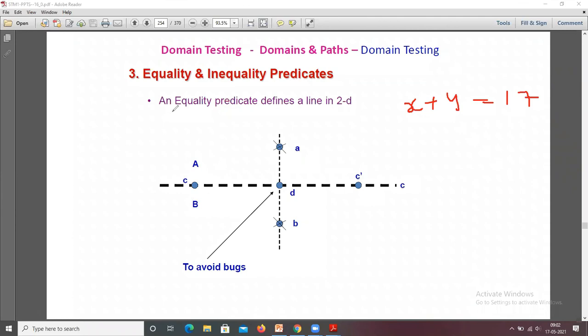An equality predicate defines a line in 2D. Why? Here we have two variables. So that means this is one and this is another.